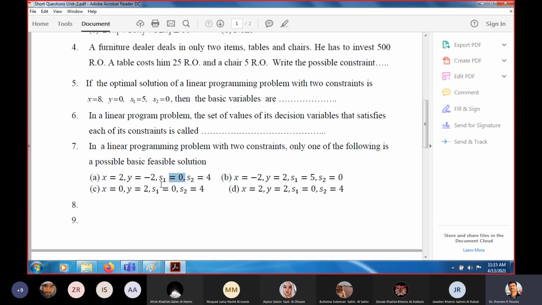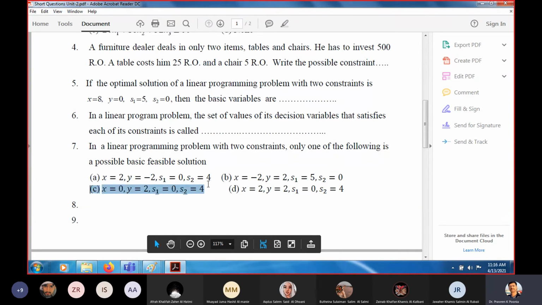This is wrong. 3 non-zero, 1 zero. This is also wrong. Non-zero, non-zero, non-zero. 3 non-zero, 1 zero. Wrong. 1, 2. Yes, this is the correct answer.